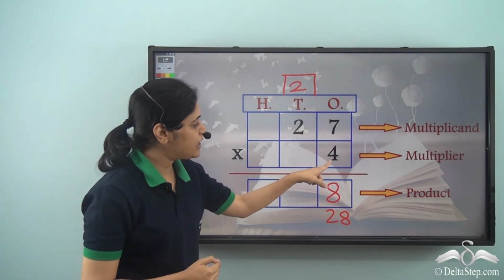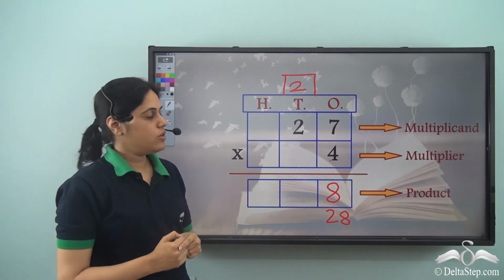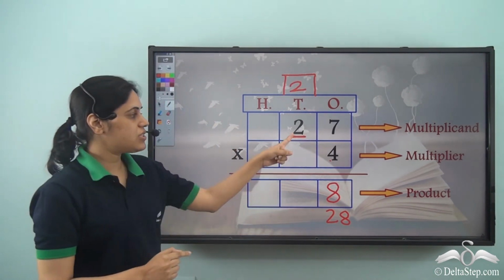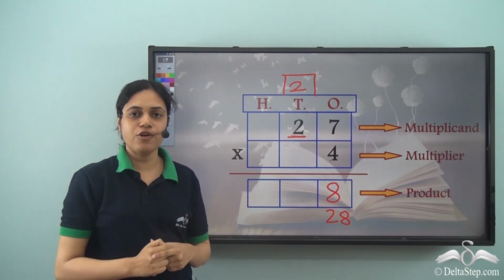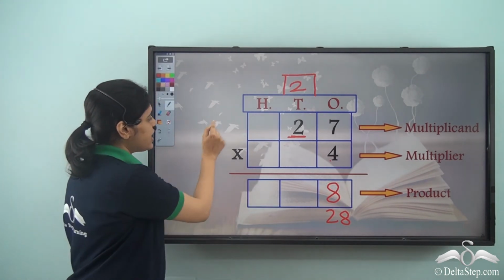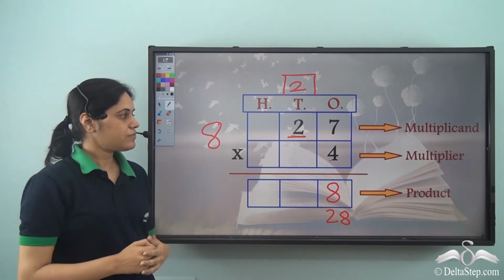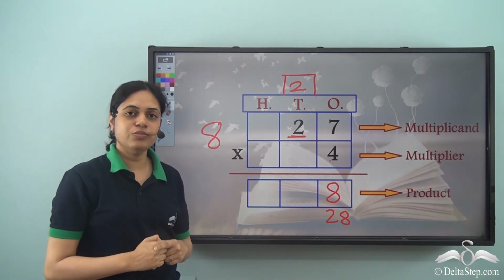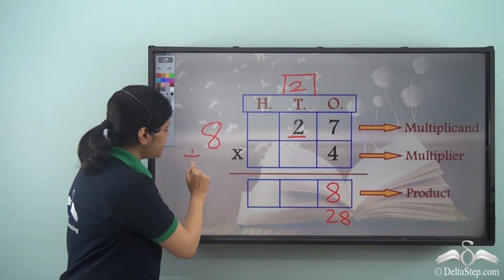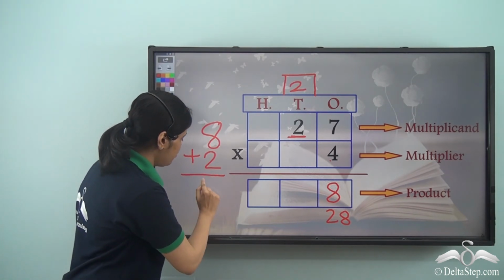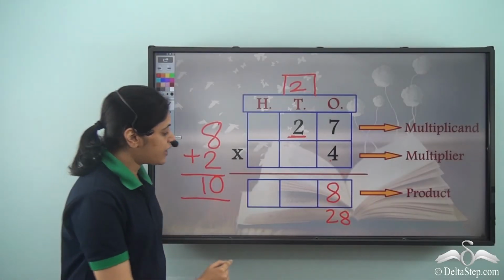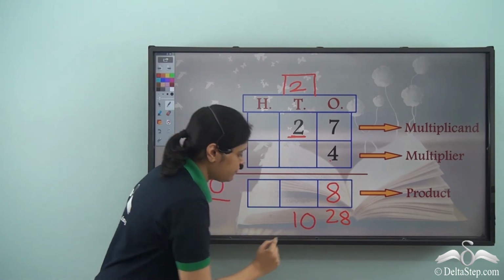Now what do I multiply 4 with now? I multiply 4 with this 2. So this is the 2 I need to multiply with 4. 4 into 2 is 8. And what happens to this 2? This 2 is now added to 8. So 8 plus 2 gives me 10. 10 again is a 2-digit number.